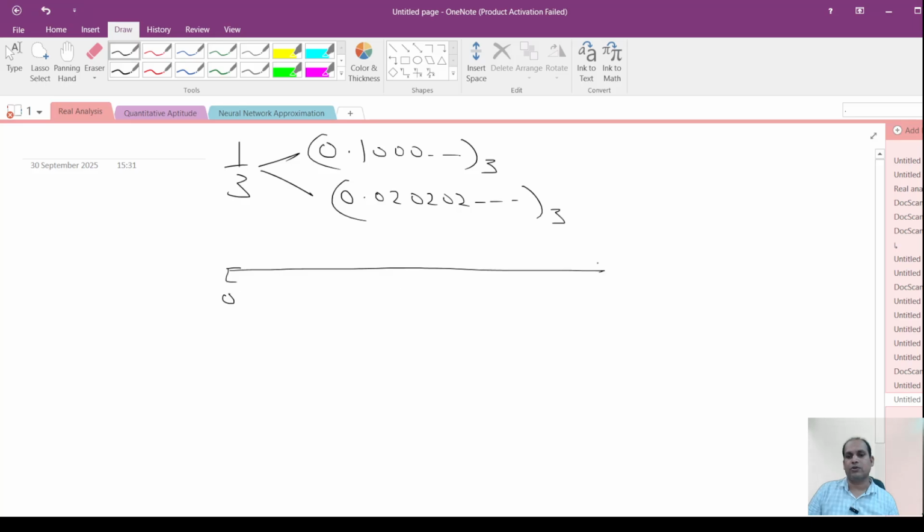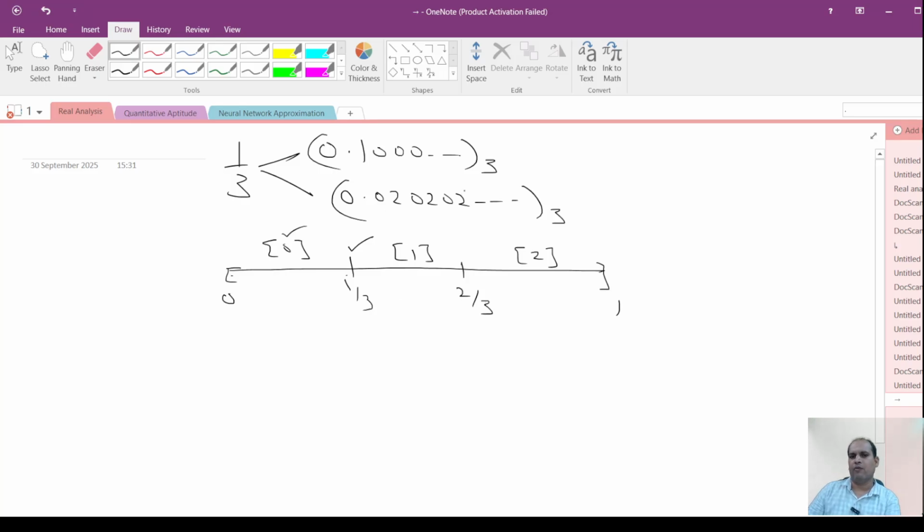Say this one is 0 to 1, and on dividing into 3 equal parts, 1/3 is sharing the common boundary with the interval 0 to 1/3 and the interval 1/3 to 2/3.